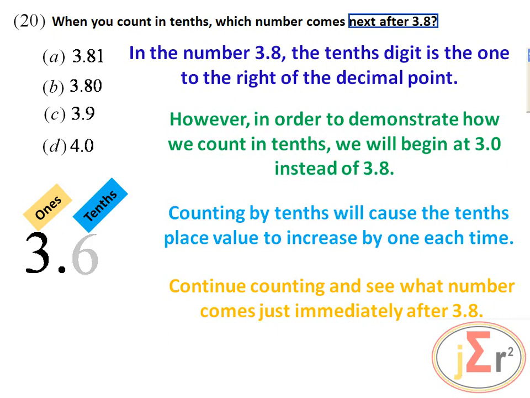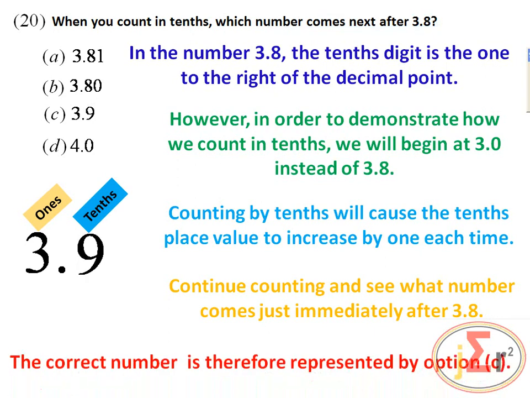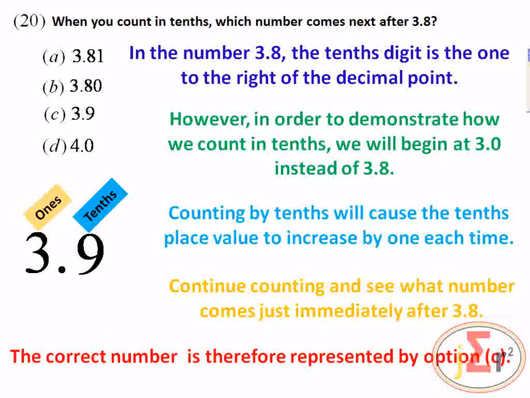Take note, which one comes next after 3.8? There it is. The correct number is therefore represented by option C, 3.9, because we are increasing the tenths place value by 1 each time.